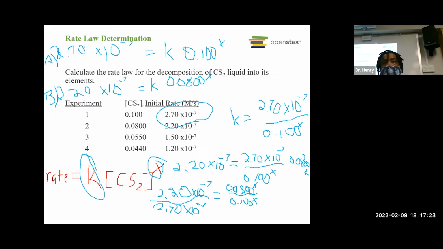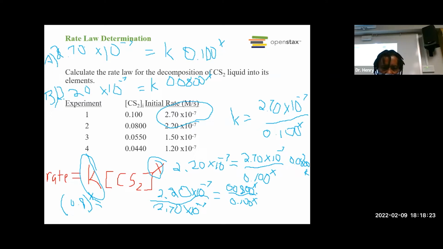So we know that since we have this number to the exponent, we could take the log so that we would end up solving for x, right? Or we can bring this out, and so we can end up having this number, which is, hold on, let me do the math real quick: 0.0800 divided by 0.1, so that's 0.8 to the x power is going to equal, 10 to the minus 7 cancels out, so we get 0.22 divided by 2.7.